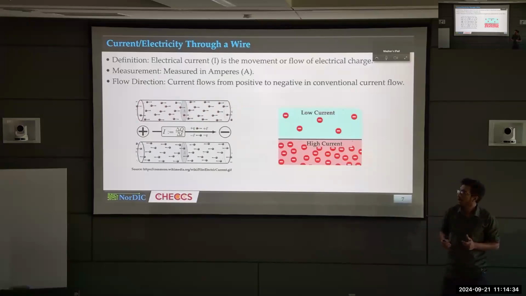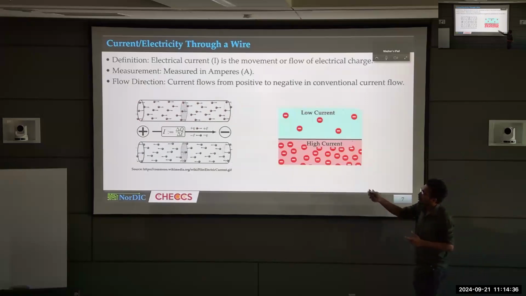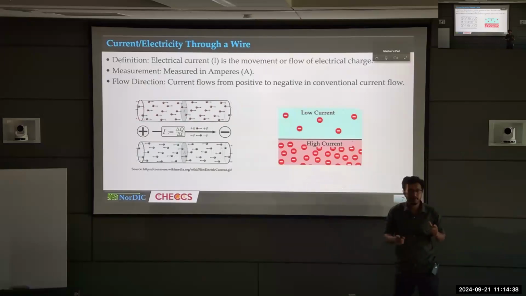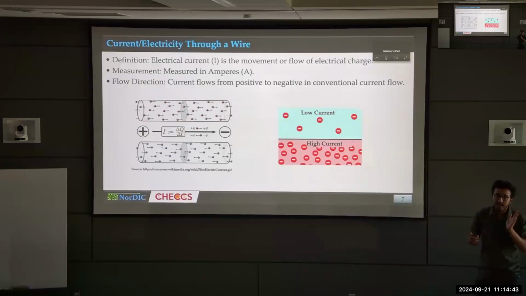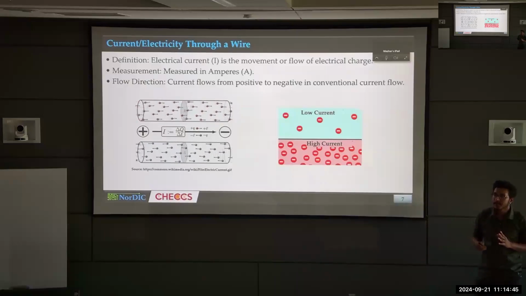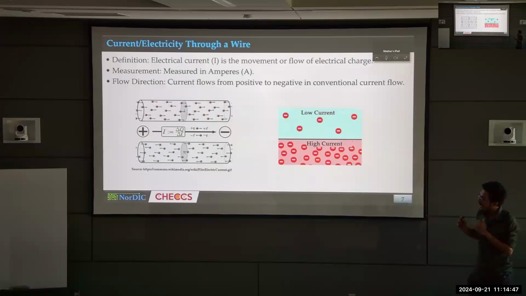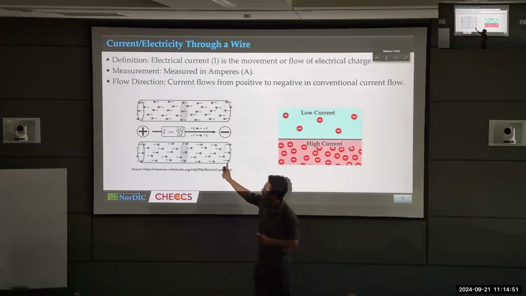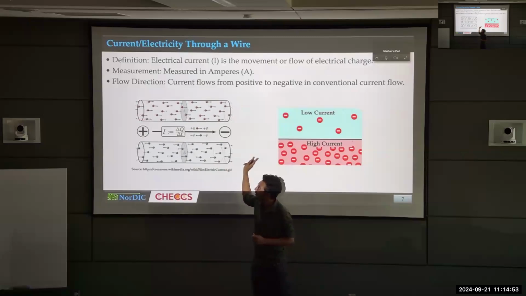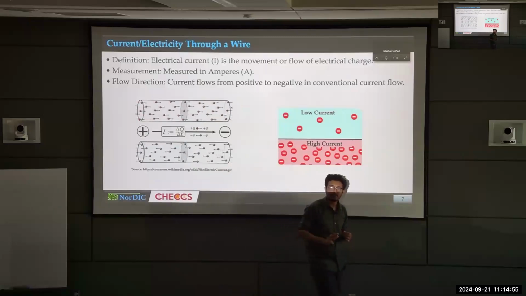So not only do we give a voltage there. If we give a voltage, it doesn't tell us that current will generate. Current is another very crucial parameter that measures the travel of electrons. How many electrons are traveling? It's not potential difference.